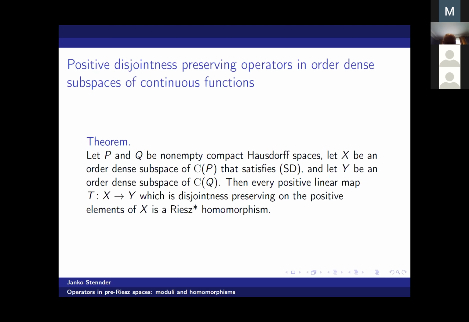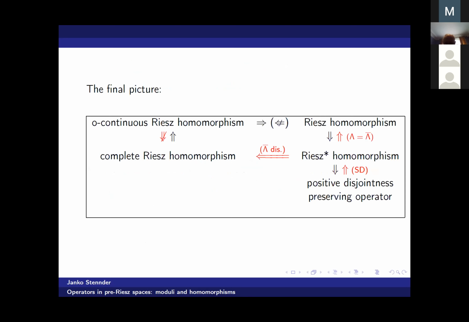And under this property, we actually get the converse implication. So if we have two ordered subspaces of continuous functions, then every positive linear map between those spaces, which is disjointness preserving on the positive elements of X, is actually a Riesz star homomorphism. So the final picture looks like this. The implication here holds under the assumption SD.